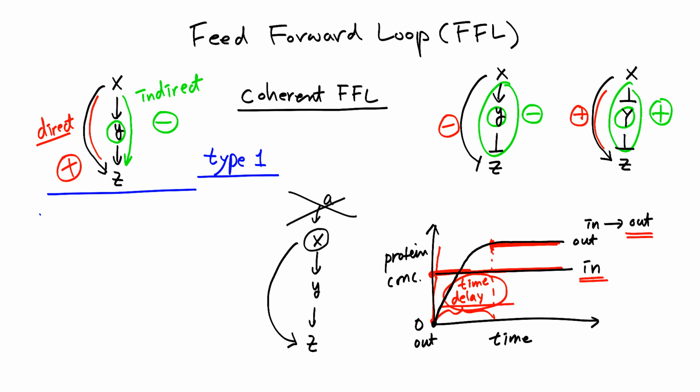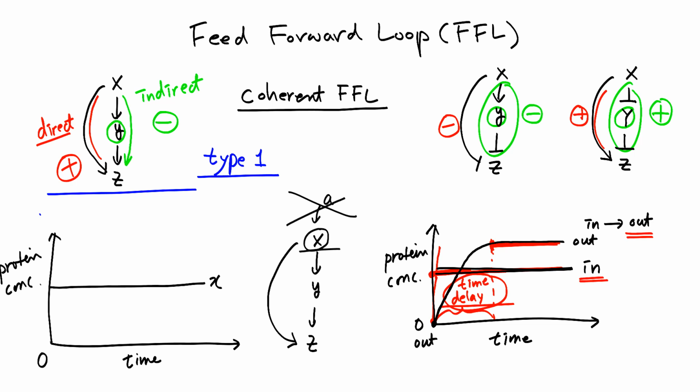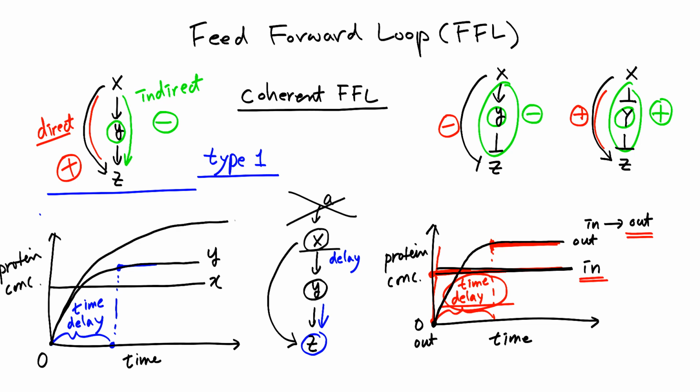We are not showing the genes activating X, but we assume that X reaches a steady state. The levels are constant. So we have this constant X, and we assume that Y starts from 0 and reaches a steady state. There should be some time delay. And when Y activates Z, this Z will reach steady state with some time delay here.